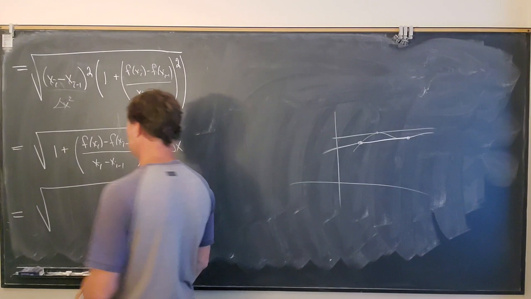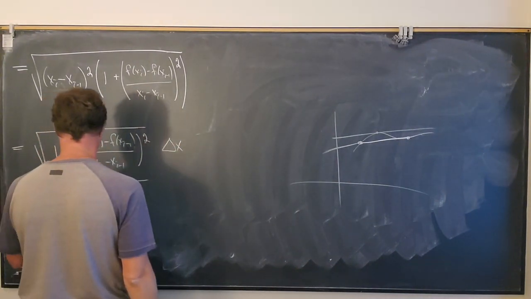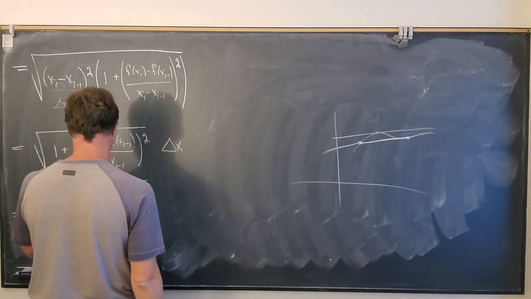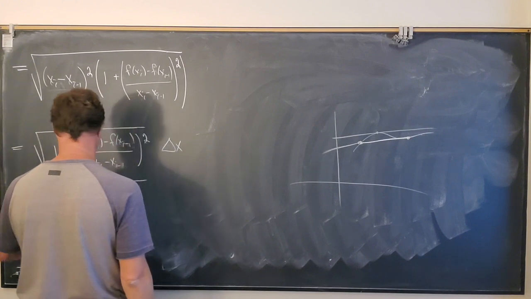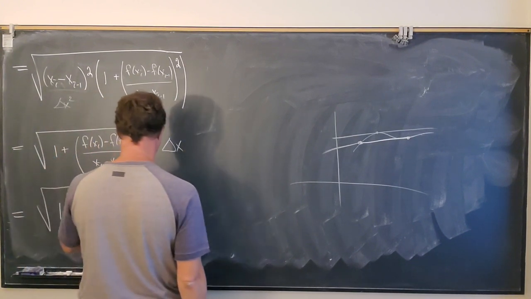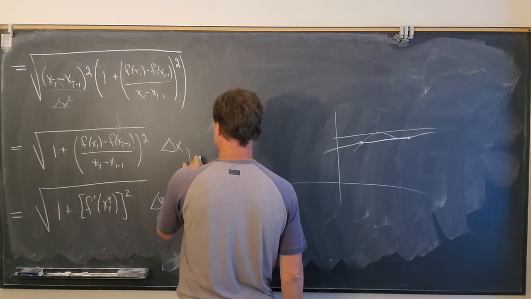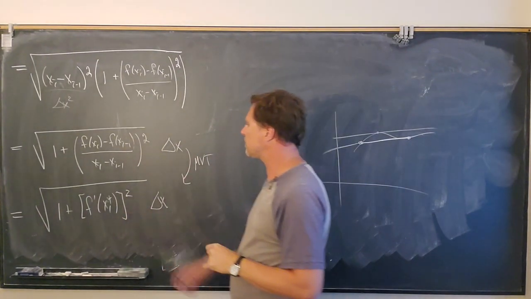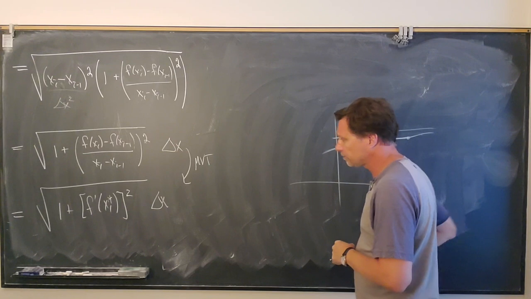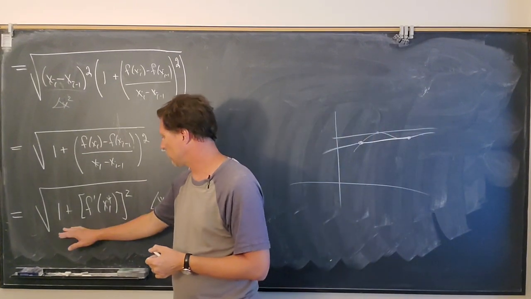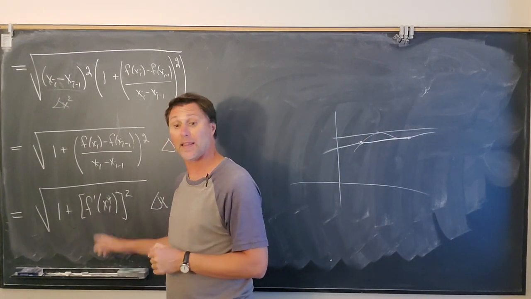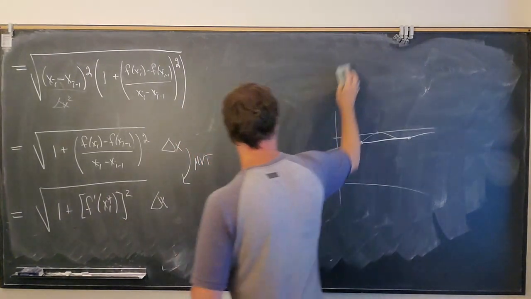So this is equal to the square root of 1 plus f prime of xi star squared, times delta x, right? So here I used the mean value theorem, and this gives us a nice expression for the length of that line segment that we were focusing on.